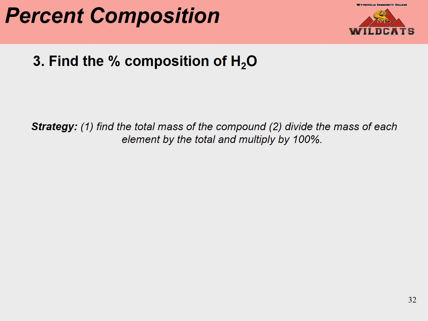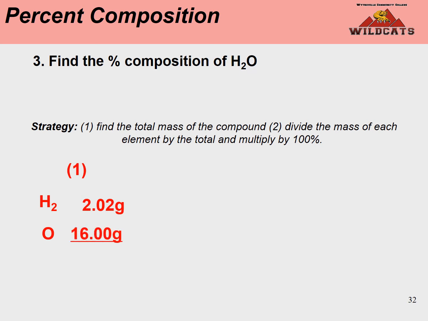The other way we can do this problem is if we're given a formula. So we've got the percent composition of water. So we've got hydrogen and we've got oxygen. Well, where are we going to get masses from? Remember, we were using molar masses in the previous section. So hydrogen is 2.02, that's 1.01 from the periodic table times 2.